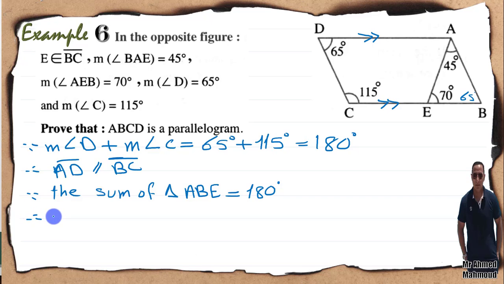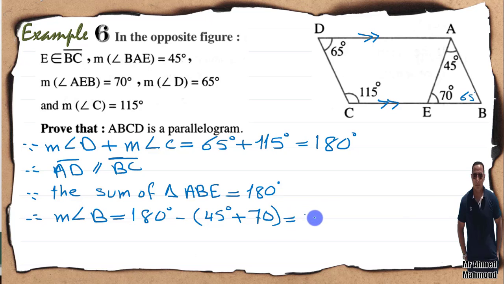Therefore, measure of angle B equals 180 minus open brackets 45 plus 70 equals 65 degrees. Now angle B equals 65 and angle C equals 115. 65 plus 115 equals 180. So DC is parallel to AB. So we get each two opposite sides are parallel.